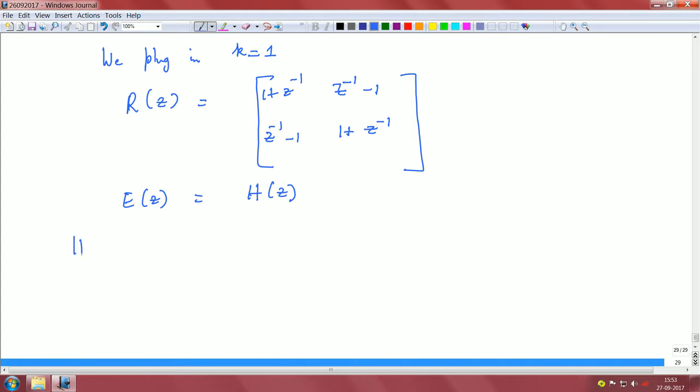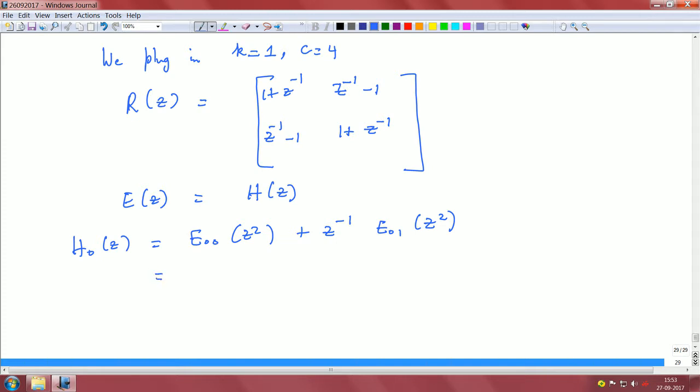So my H naught of z, the first polyphase component, is E naught naught z square plus z power minus 1 E naught 1 z square. One thing that you have to note is C is chosen to be 4. I just ignored it, but it is implied that K equals 1 and C equals 4, I get this.